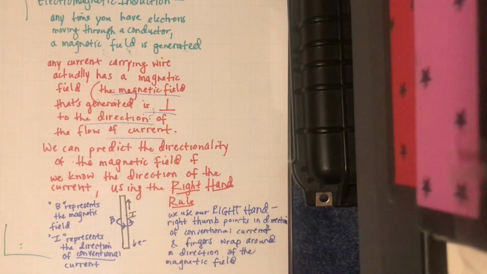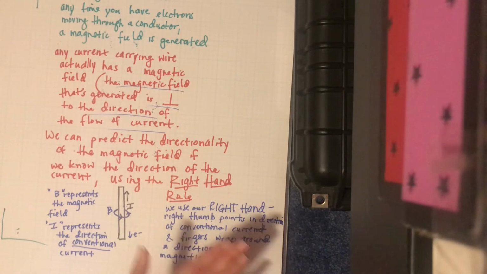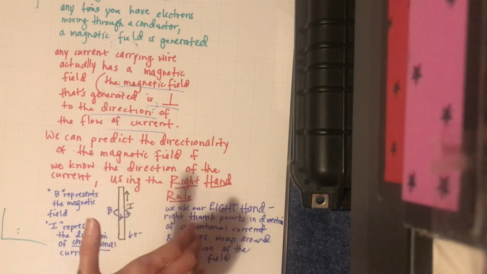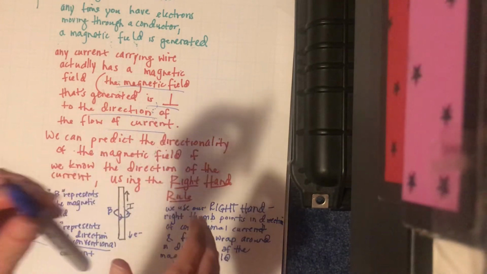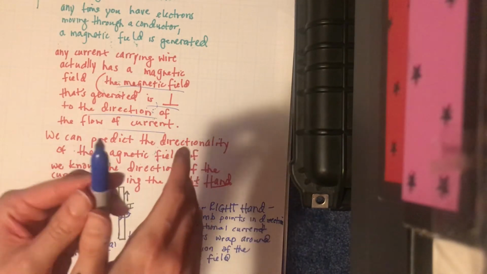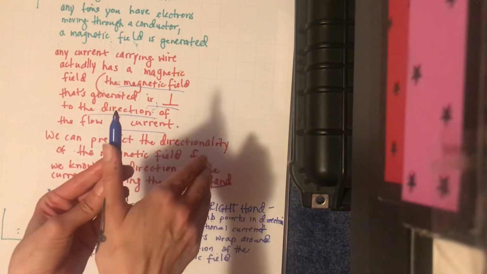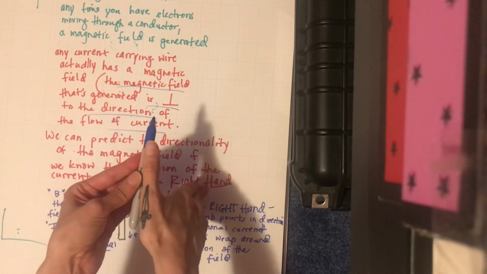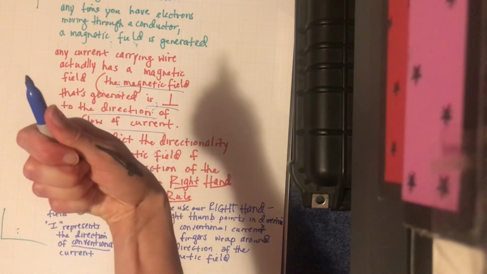So as we said before, based on our right hand rule, current is going up. Let's pretend this Sharpie is the current carrying wire. So our current is going up, our fingers are going into the page, and then coming out of the page.